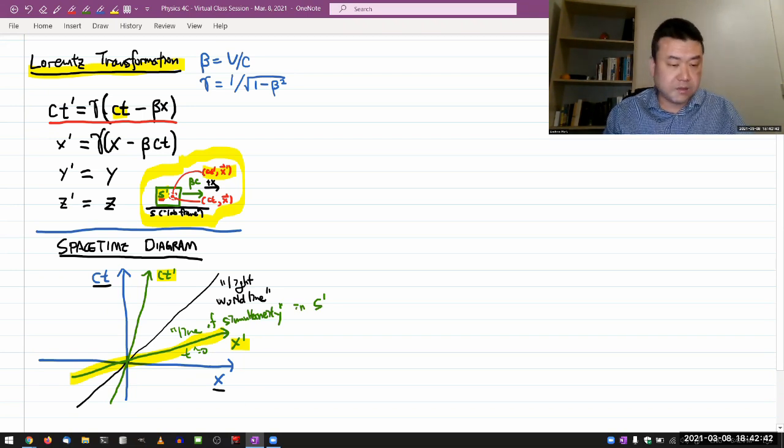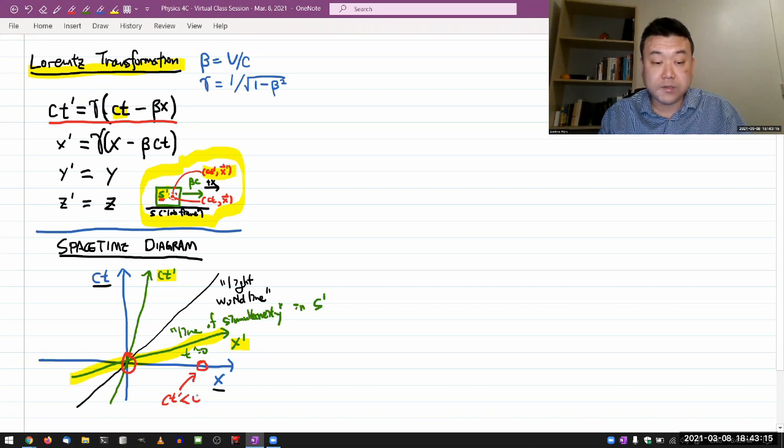In this drawing, the simultaneity in the S frame looks like a horizontal line, and any other horizontal line would connect simultaneous events. Now, in the S prime frame, this is what defines things that are simultaneous. So two events that were simultaneous in the lab frame are not simultaneous in the S prime frame. In fact, this one happens earlier.